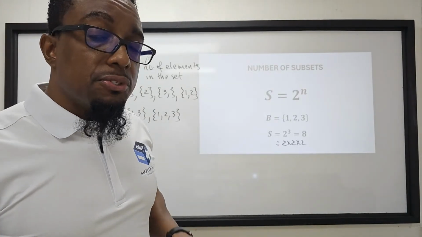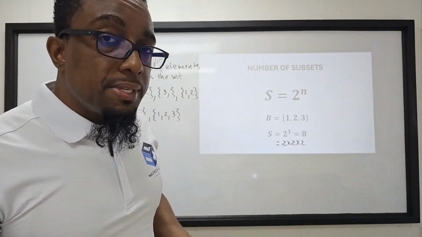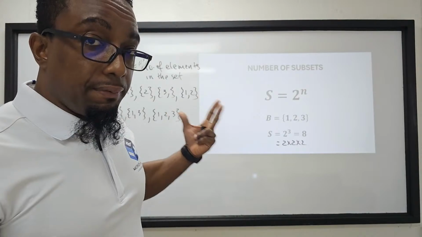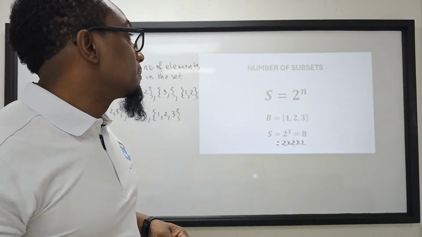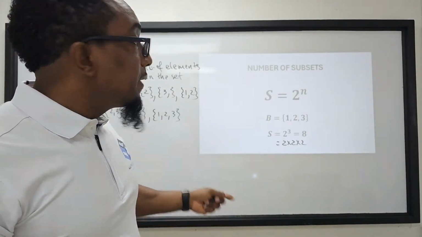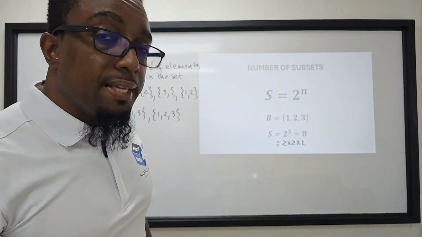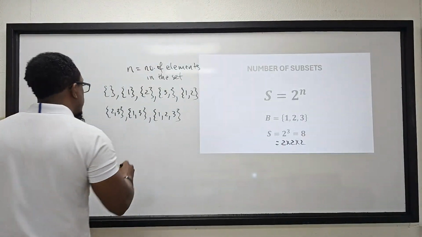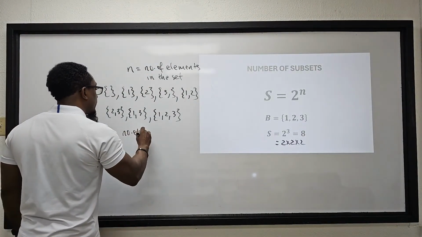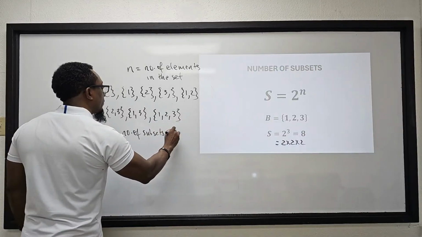So automatic subsets will be the empty set, null or empty set, and the given set. Those are automatic subsets. And of course, from this example, we have all the remaining subsets that we can identify. So the number of subsets will be 8.